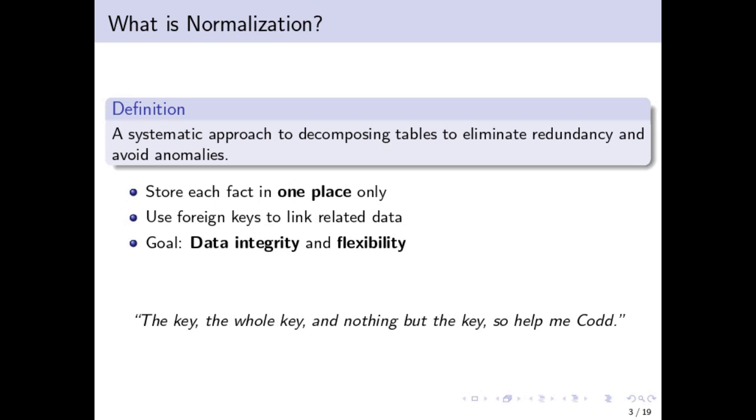Before going into normalization, we're going to understand what normalization is. It is about a table where I store all the data, where the data can have different issues like redundancy and anomalies.